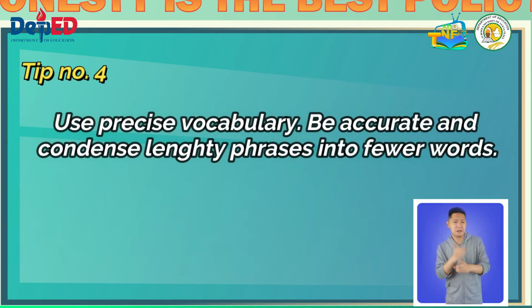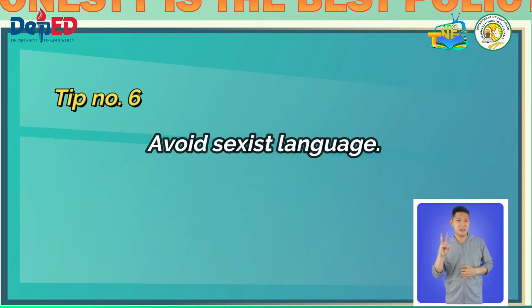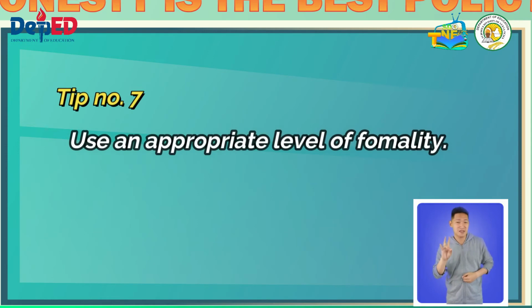Use precise vocabulary. Be accurate and condense lengthy phrases into fewer words. 5. Be consistent with your pronouns point of view. 6. Avoid sexist language. And 7. Use an appropriate level of formality.